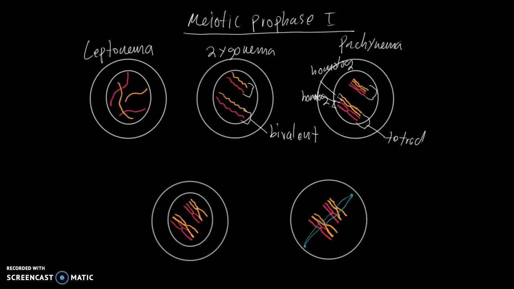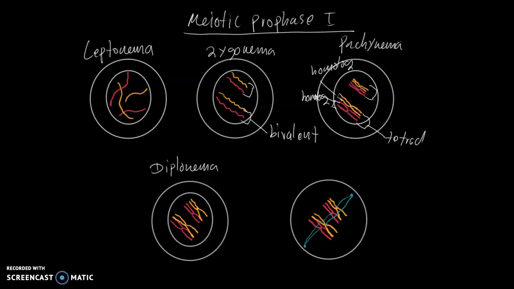The next one is diplonema. This is a significant stage because a crucial event is happening, the crossing over. Again, crossing over is the exchange of genetic materials between the non-sister chromatids. So we see this within the tetrads.